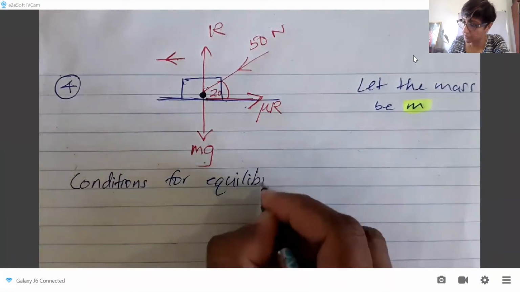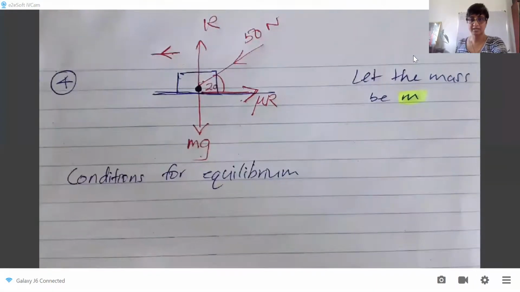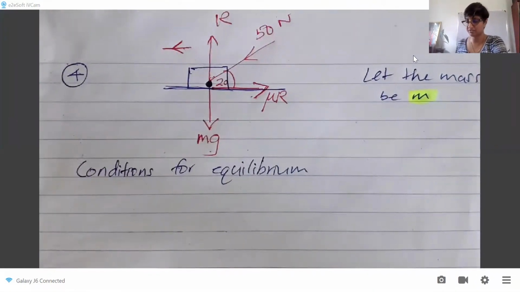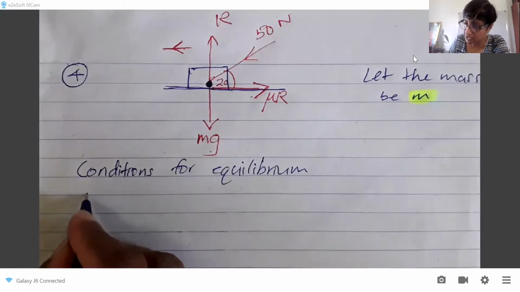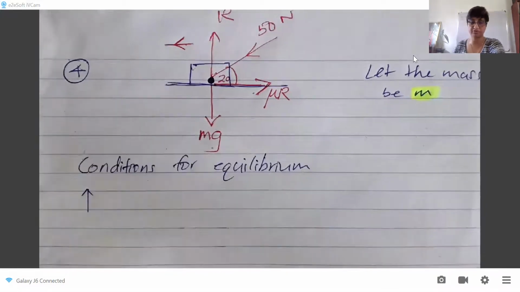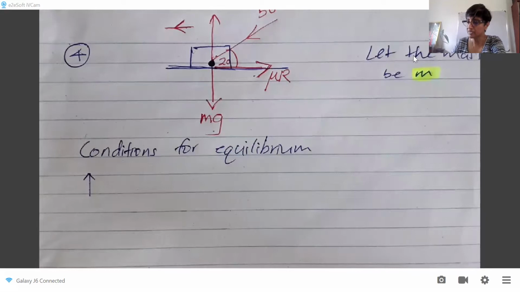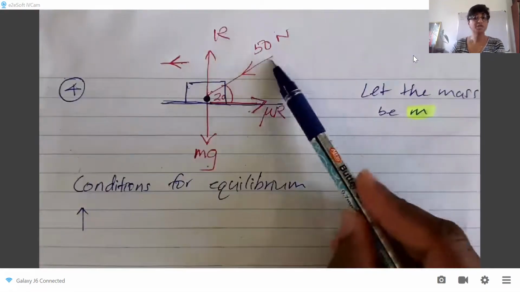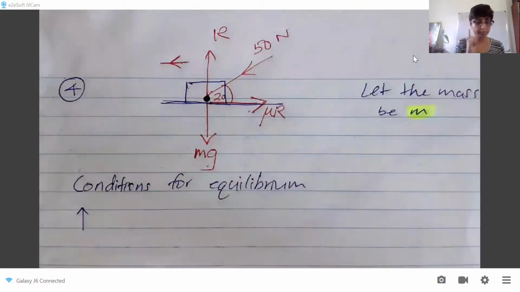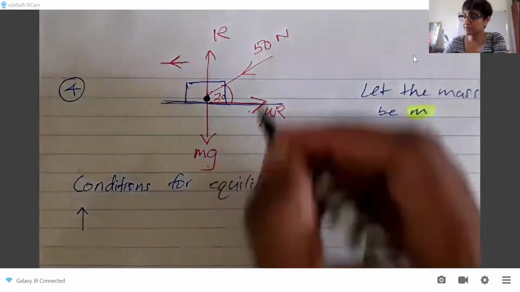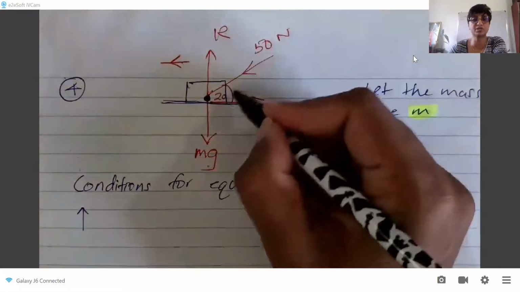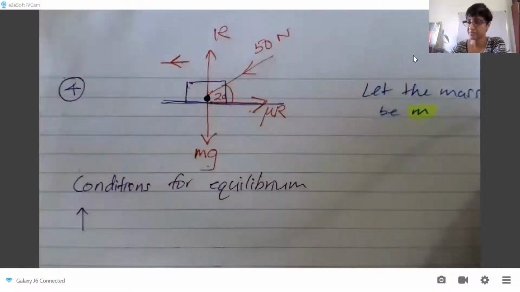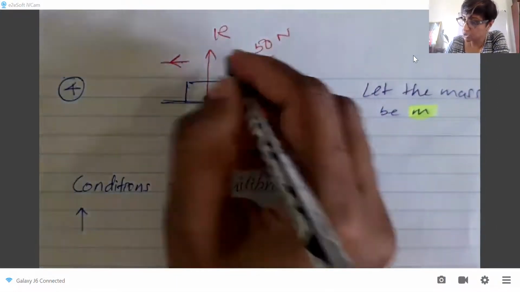Conditions for equilibrium. We apply these in the vertical direction and in the horizontal direction. If you do it vertically, before that, what do you do with the slant force? You split it into two components. Let me use black. I'm going to replace this 50 newtons force. I'm going to throw it away and replace it by two components.